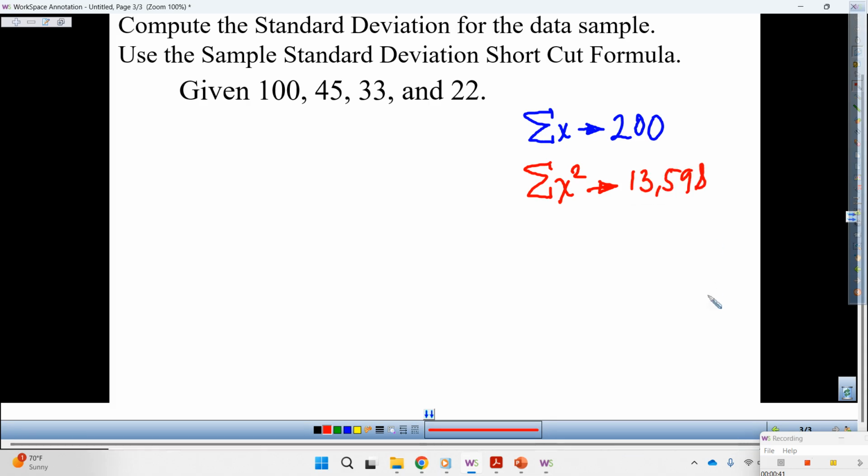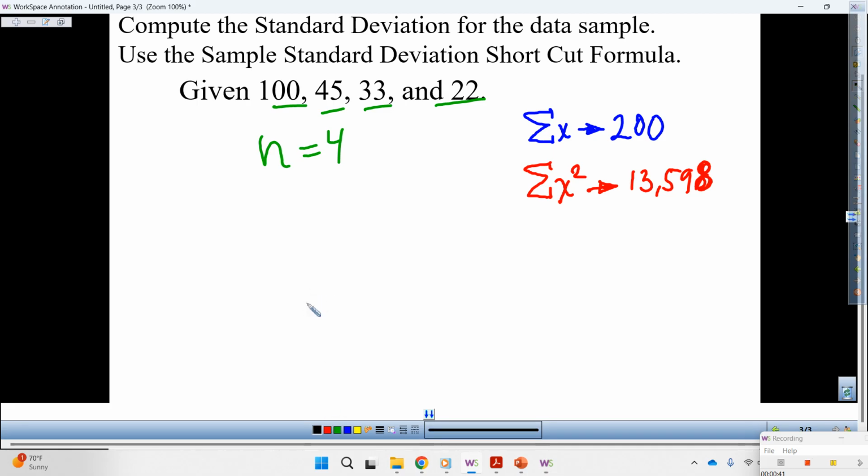Hands if you got that. Looks about right. Of course, you substitute that in the formula, and we know that n is what, everyone? n is 4.